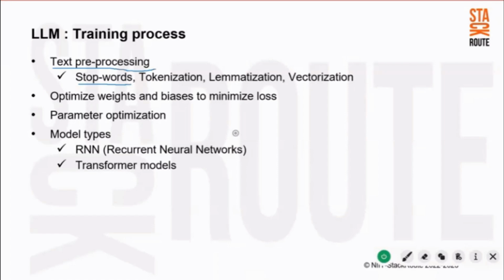What stop words means is that in a given sentence, not all words make sense. Let's take an example. Let's say I have a sentence like this: this is a new product.